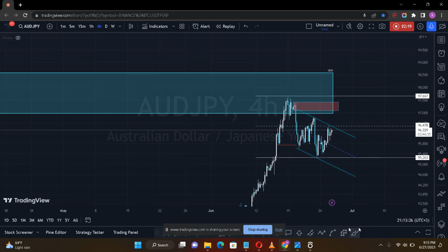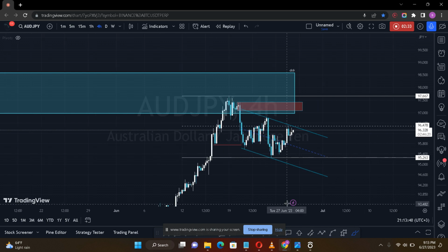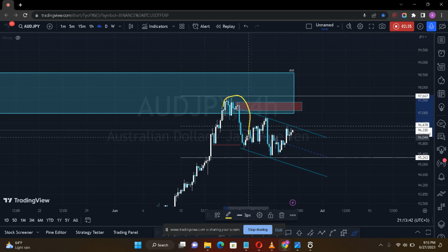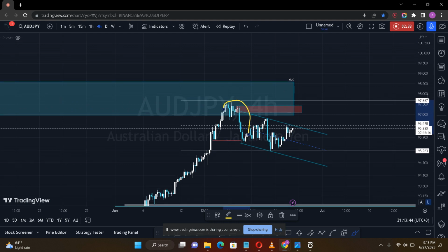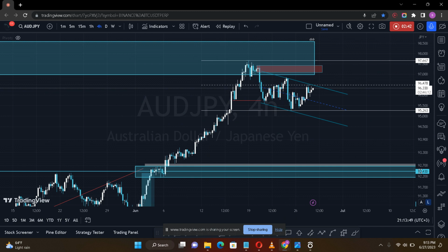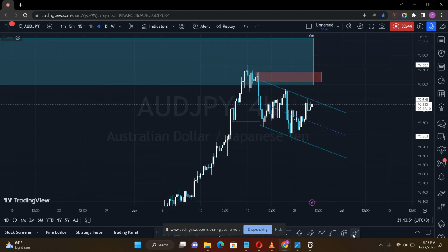So it's evident that price had an aggressive sell-off at my zone of interest, and this tells me that there are a lot of orders waiting to sell at this level. So this is how my sell signal starts to develop. And after observing an aggressive sell-off, the next metric I like to observe for me to consider entering a short at such a level is a break of structure of the previous low.